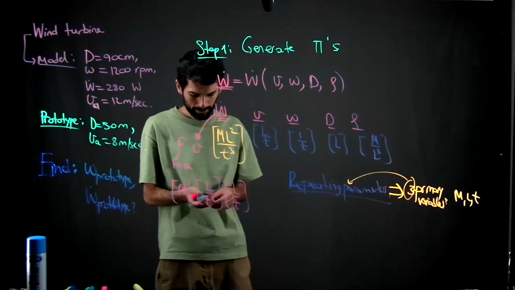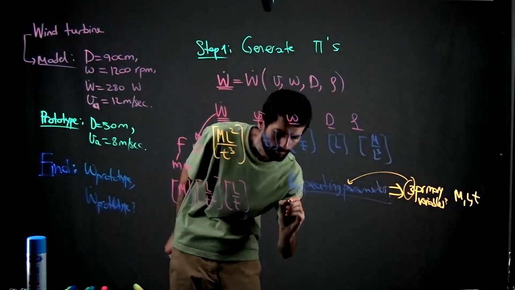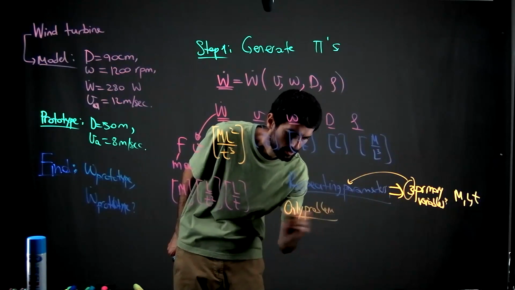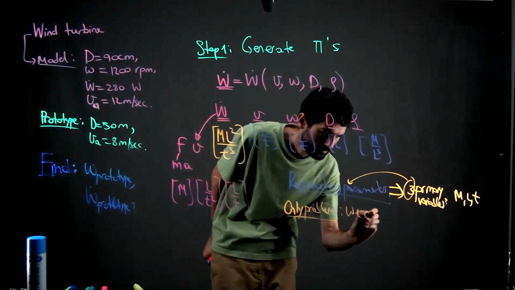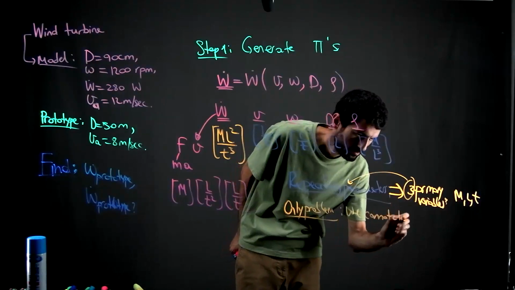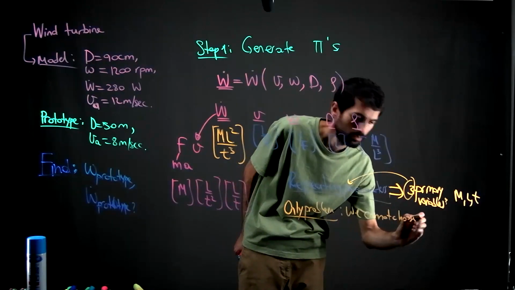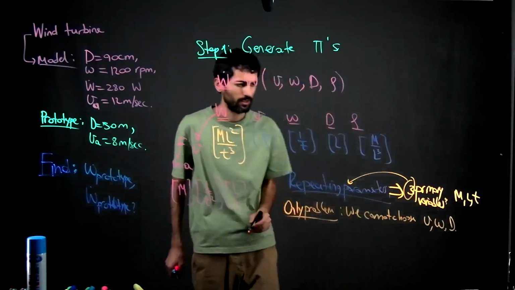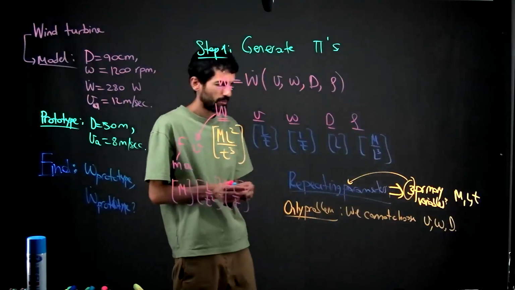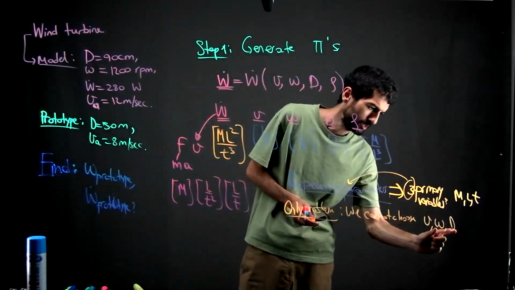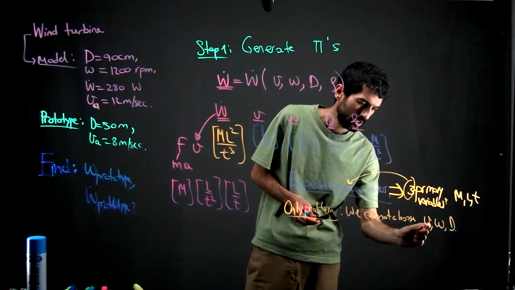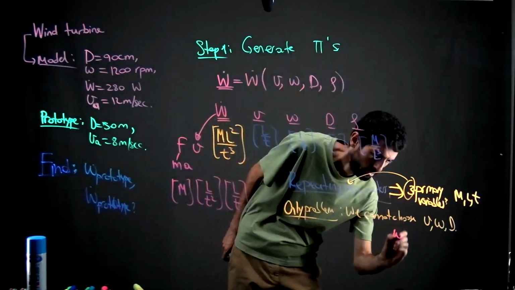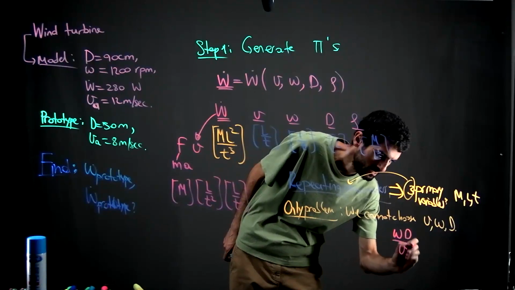Only problem is that we cannot choose velocity, omega, and D. Okay? The reason is that omega D combination by velocity creates a non-dimensional number. So omega D by velocity is non-dimensional.